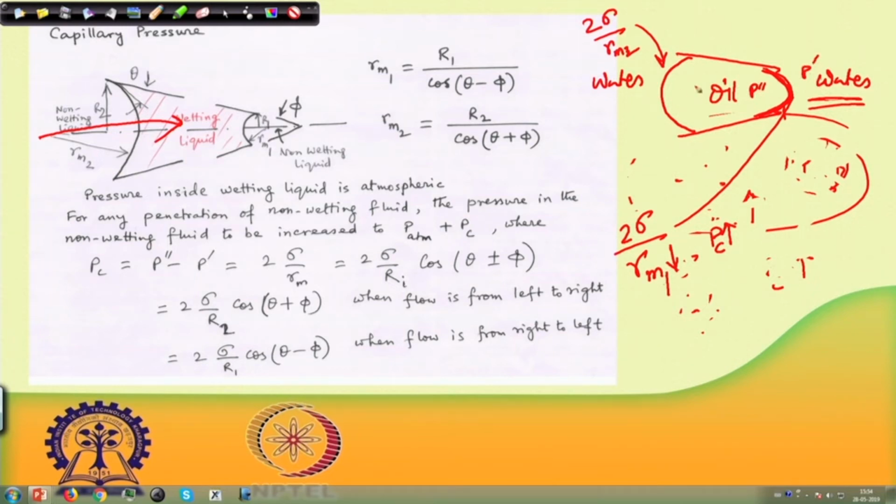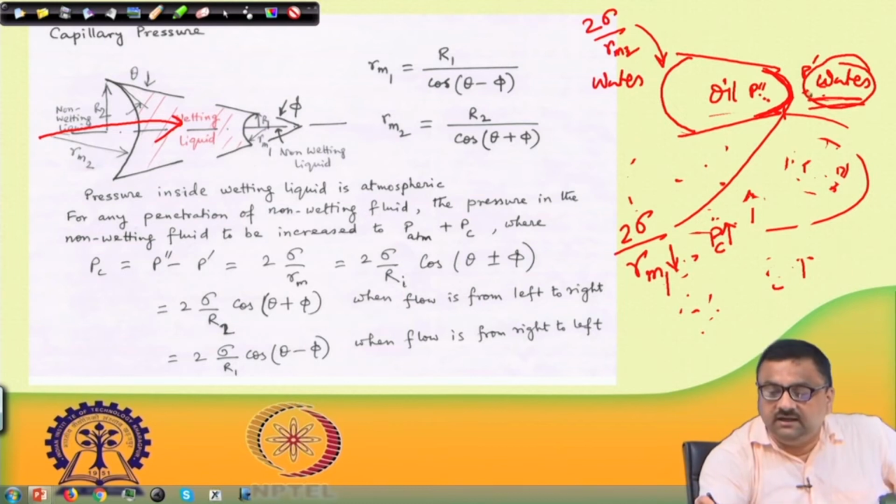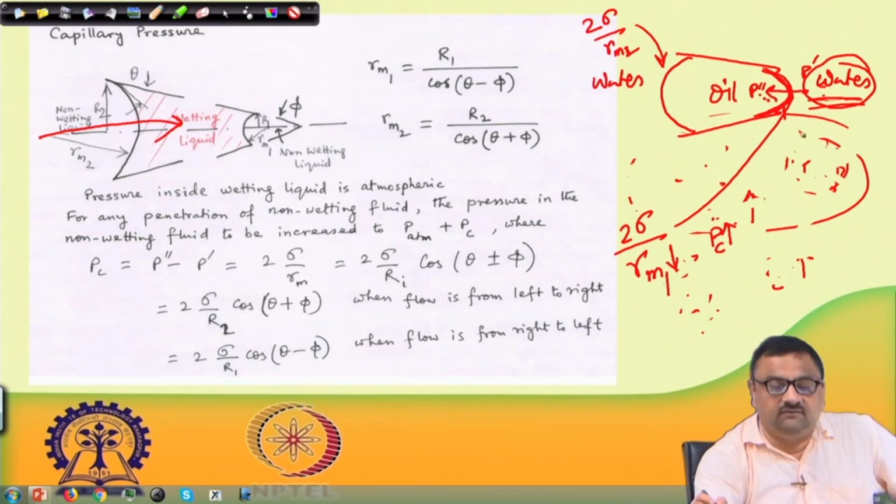If we look at this P double prime and P prime in this meniscus and P double prime P prime in this meniscus, we will find that water has to overcome less pressure drop here in this case, or in other words, water is having an upper hand. So, water will tend to flow through this side of the meniscus.